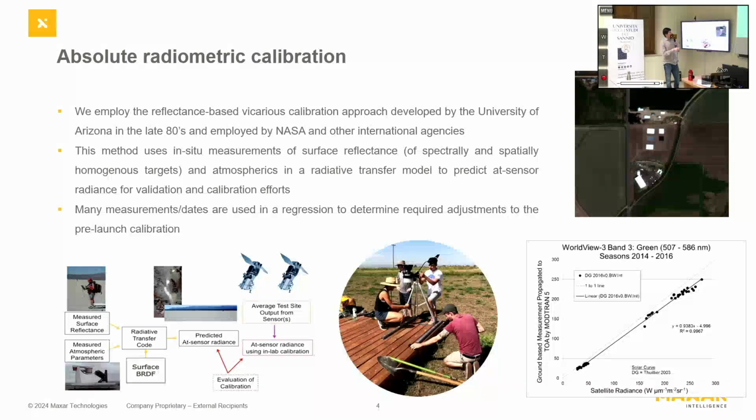So once we have that information, we can do the prediction of what a sensor would see in space. So we go from the ground up. And once we know what we measure on the ground in space, we can also compare to what we see from space to the ground.